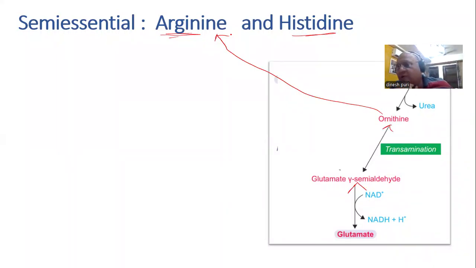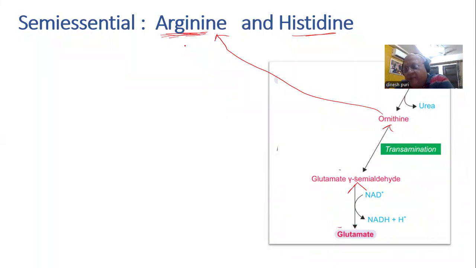But then you know about certain physiological states when the demand for arginine increases. For example, in puberty, in pregnancy, the demand increases. So at that time, this endogenous synthesis from glutamate is not sufficient to meet the need of the body.